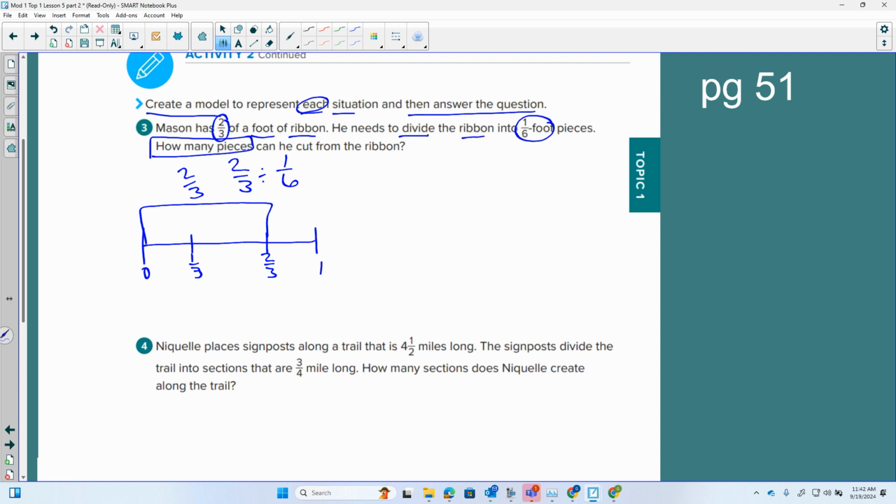If I'm dividing it into pieces of 1/6, that means I'm going 1, 2, 3, 4. So you can cut 4 pieces from the ribbon.